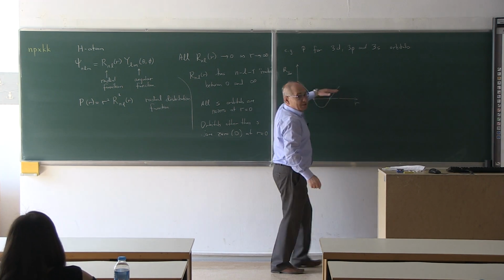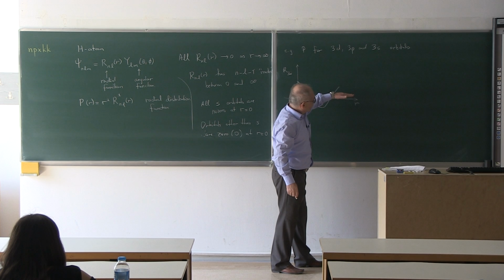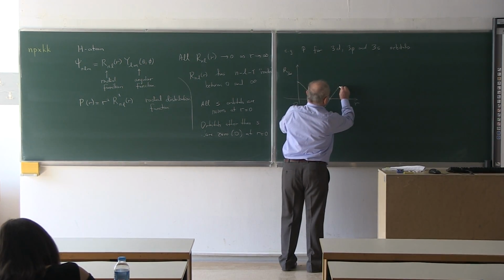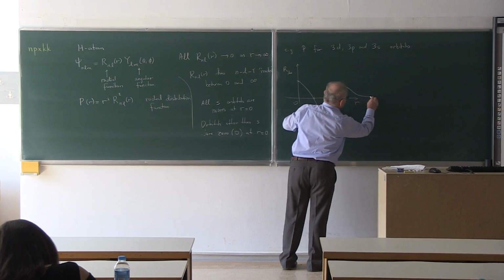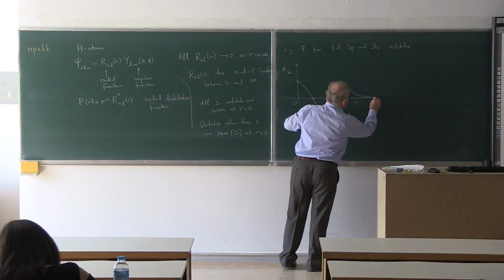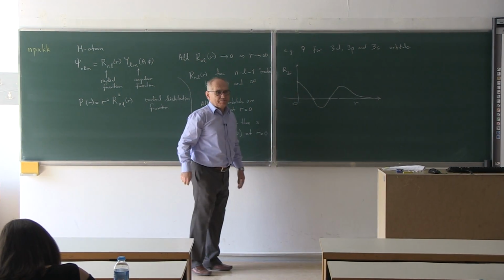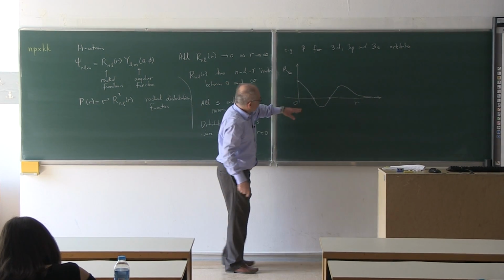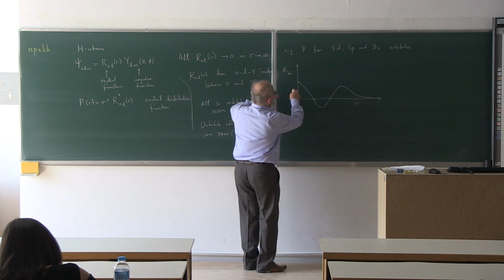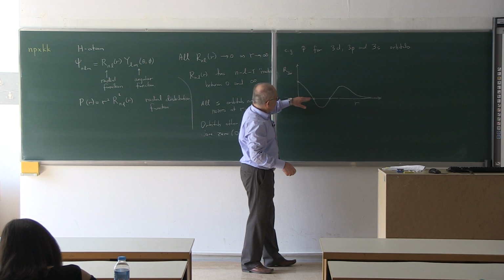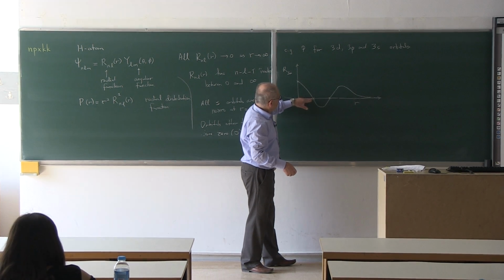We know that all of the radial functions go to 0 at infinity. So at large distances, it will again turn, and it has such a shape. This is for 3s.